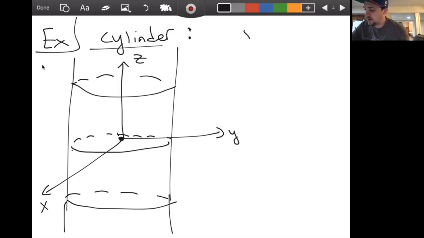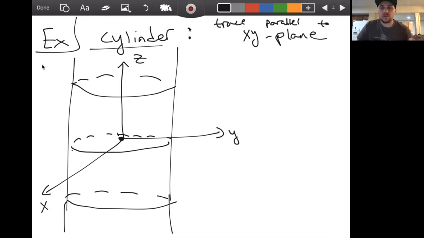So let's look at the XY trace, or the trace, to be more formal, let's say trace parallel to XY plane. I'm going to shorten that notation and just say like XY trace, meaning we're taking the trace of a plane parallel to the XY plane.